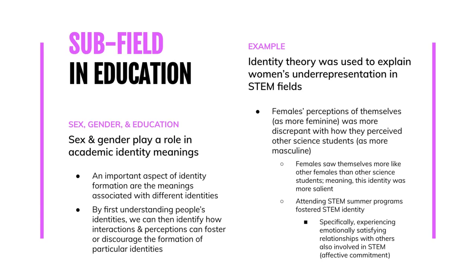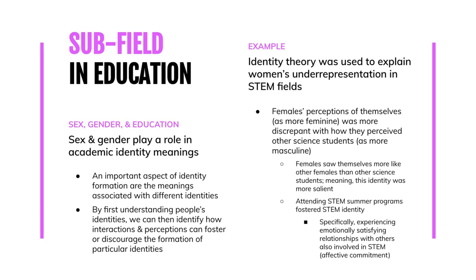They perceived the others as more masculine, whether or not they were male or female. Females saw themselves more like other females than other science students. So their sex identity was more salient than their identity in science.